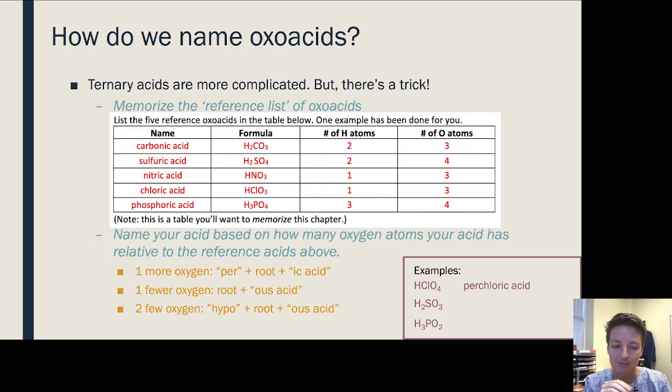And so I'm going to end up with sulfurous acid instead. Similarly, for H3PO2, I see that compared to phosphoric acid, I have 2 fewer oxygens. And so I'm going to name this hypophosphorous acid. So again, depending on how many oxygens I have compared to my reference acid, that's how I know how to name these derivative oxoacids.